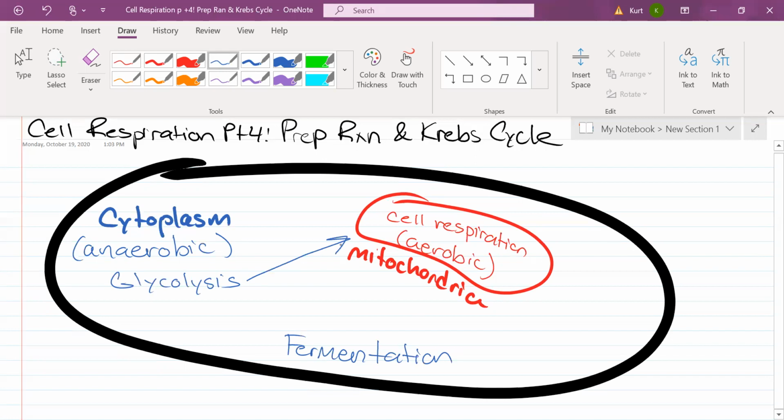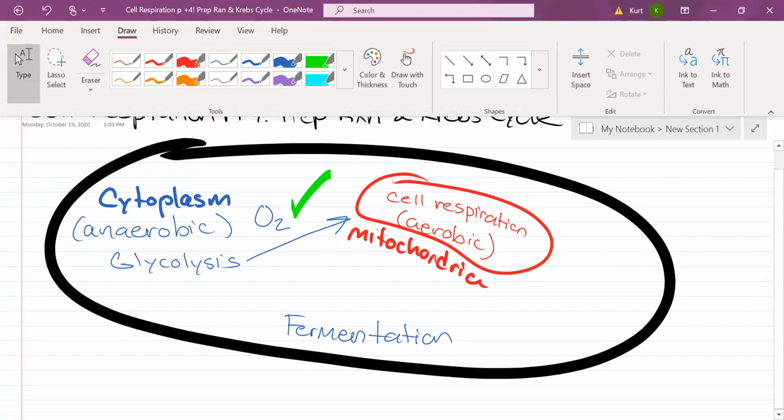So in the event that there is oxygen present, so I'm going to put O2 with a green check, the products of glycolysis are going to proceed into the mitochondria, and you're going to perform cell respiration.